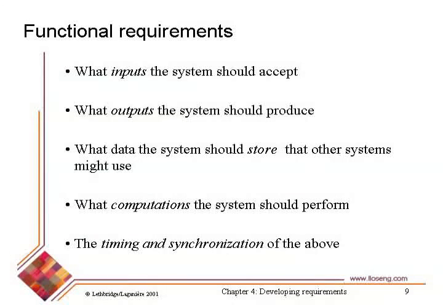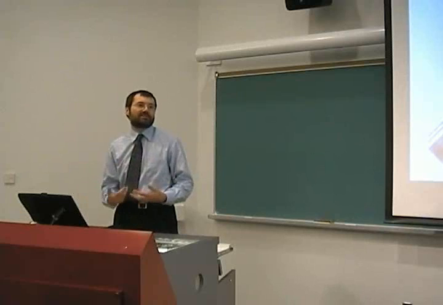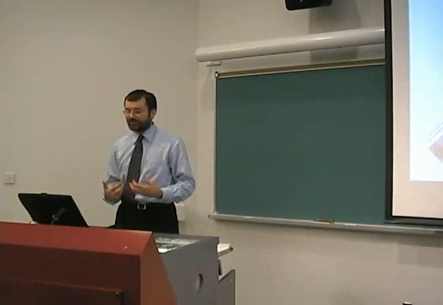So the inputs that they have to type or provide, or the outputs that are displayed, or the computations that are done that they're aware of, not how they're done, but what's done. And any timing issues associated with the system as well. Okay? These are the things that are functional in the sense that you have to provide computations and input processing and output processing to develop these.